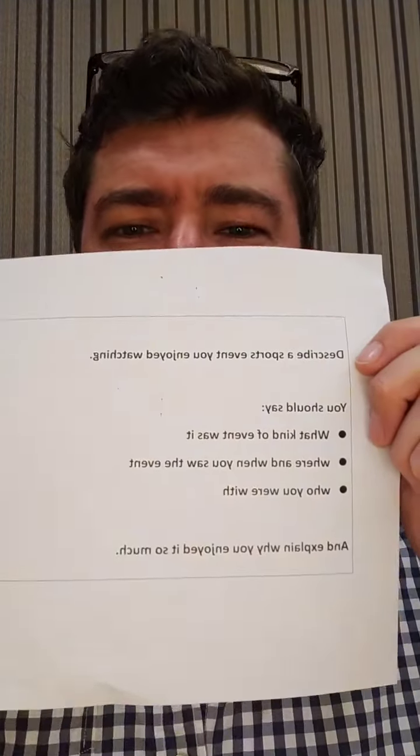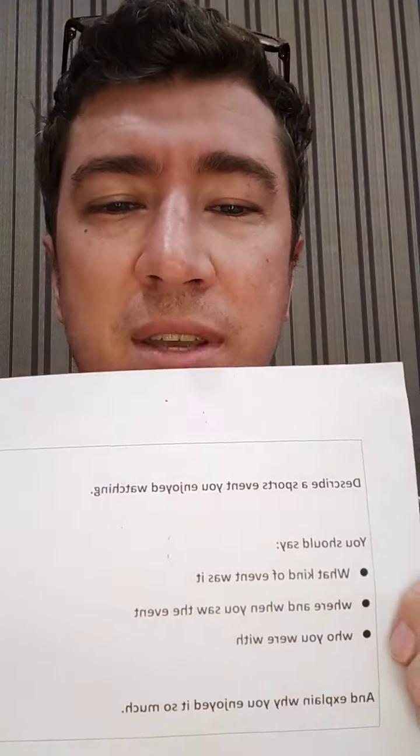And then you have 1 minute. The examiner will say, okay, you have 1 minute to prepare your answer. So you look at your question, and our example today, which I'll come back to, the question says, describe a sports event you enjoyed watching.